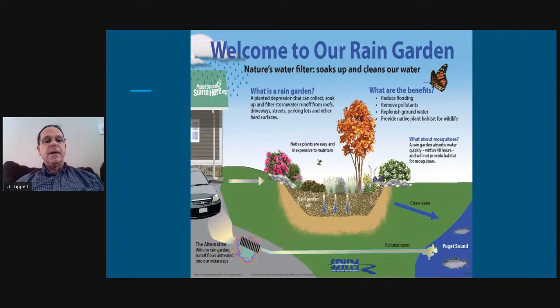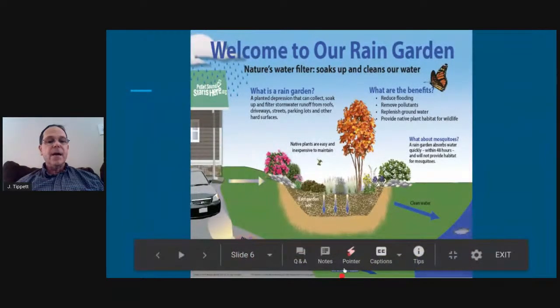Now we're starting to try and mimic nature instead of just holding the water back in those big ponds. Very often that water's polluted from all the stuff that runs off of the parking lots. What we're trying to do is mimic nature by creating areas where the water can percolate through, putting all of that soil to good use.